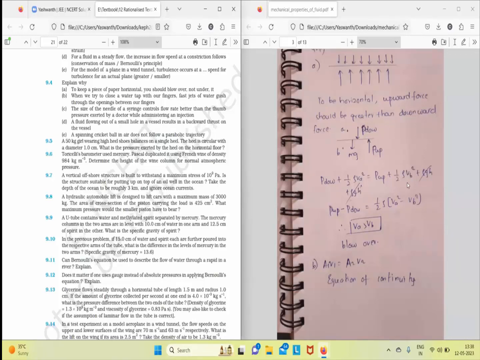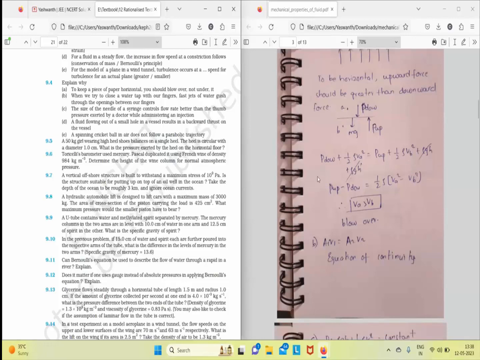So if you observe, to balance the weight, we must have a force upward, right? So what is our necessity? We want P up to be greater than P down, so that we will have an external force acting upward. This is satisfied only if vA is greater than vB.